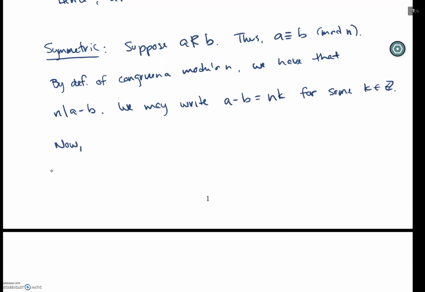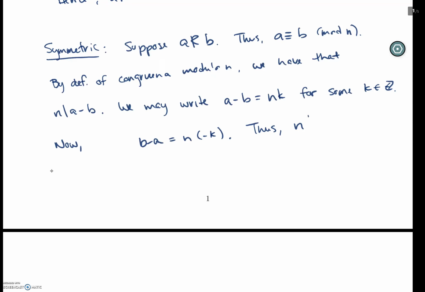Now, b minus a would be equal to n times negative k. Again, we just multiplied the previous equation by negative 1, which gives us that b minus a is equal to n times negative k.